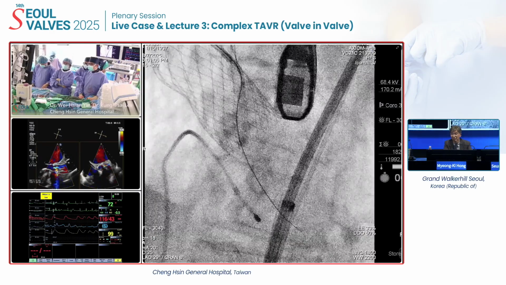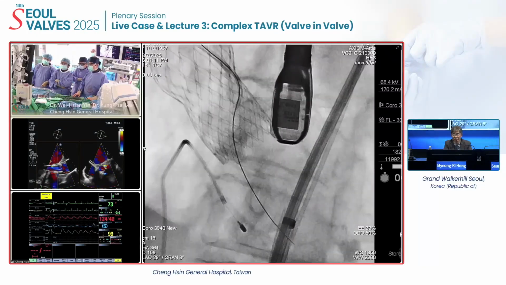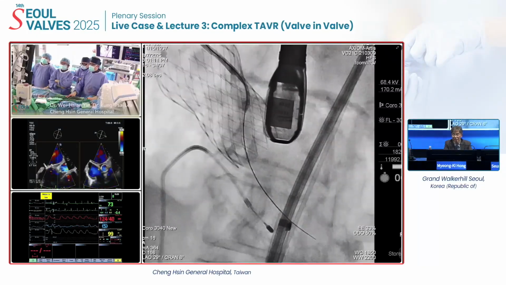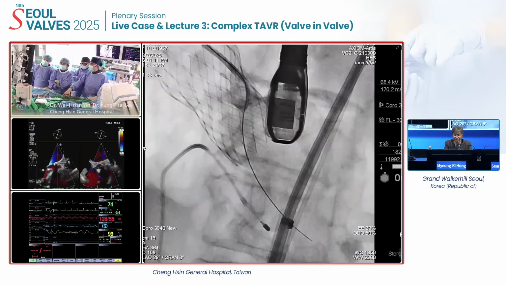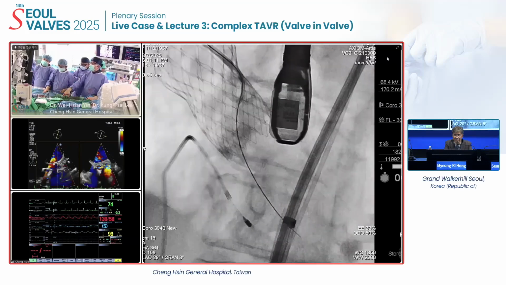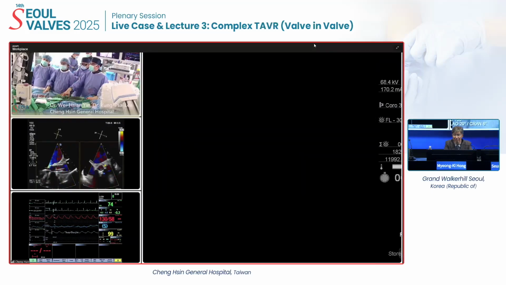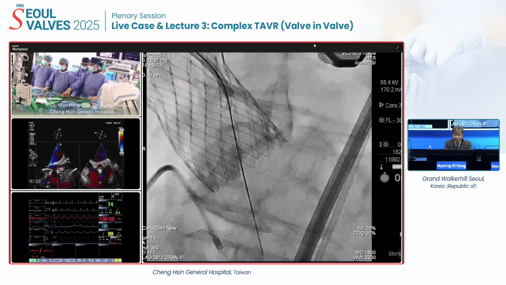Yes. We use a multipurpose guiding, AL1, sorry, AL1 guiding, to direct to the left coronary cusp. And as you can see, we use another modified tip pigtail to direct to the ascending limb of the leaflet.